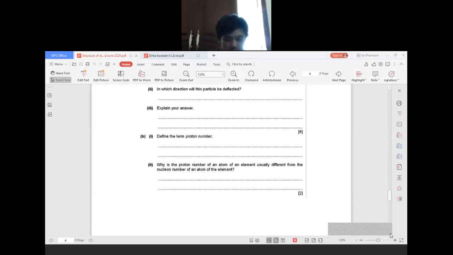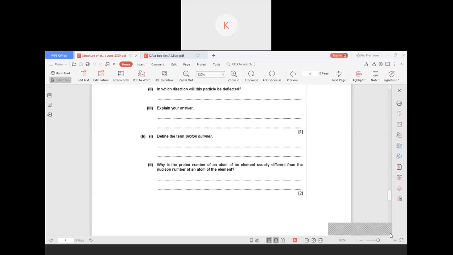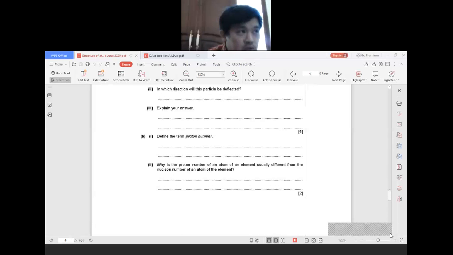Because electron has a negative charge, so it will be attracted to the positive side. Yeah, correct. And secondly, while proton is also deflected to the negative, electron is deflected the most because electron is very light. It has very small mass, tiny mass.